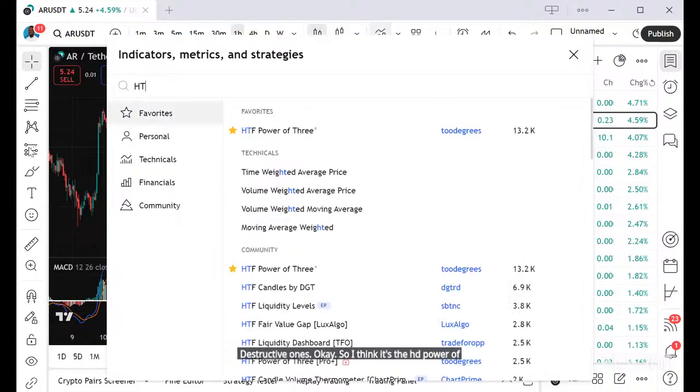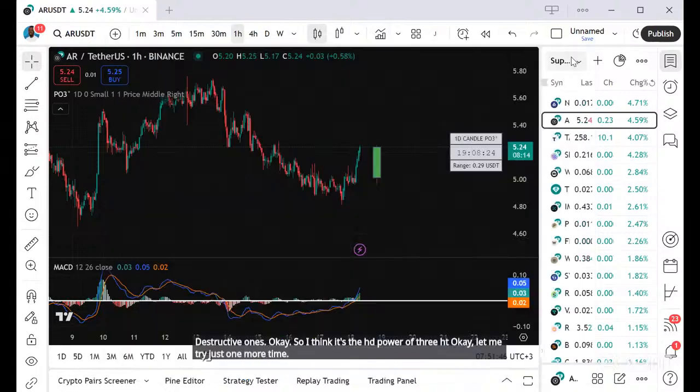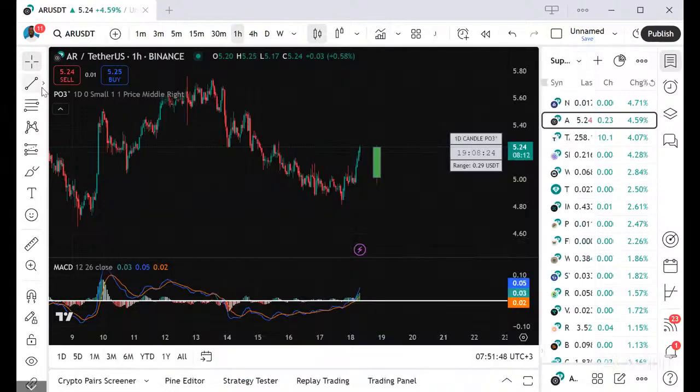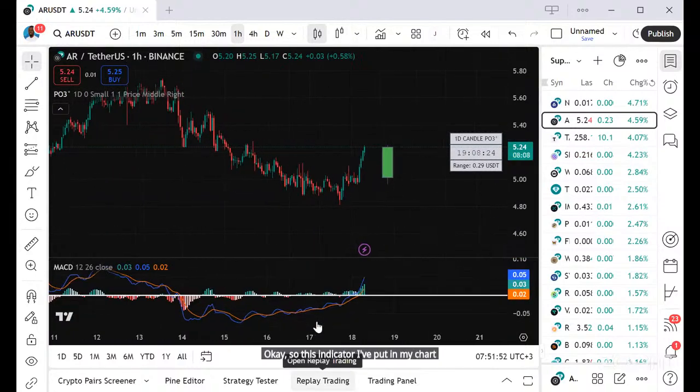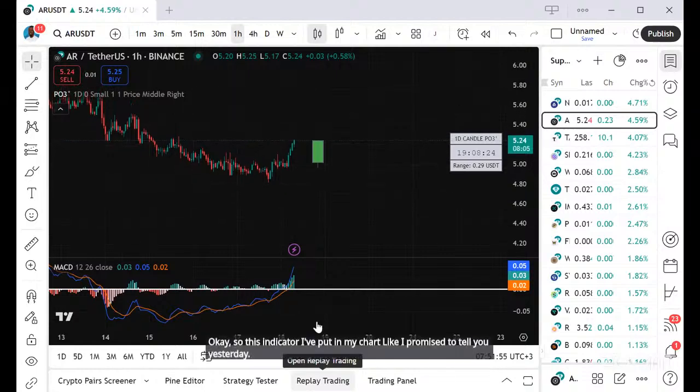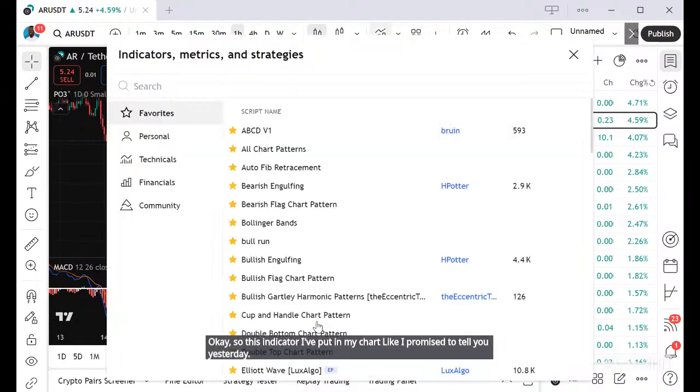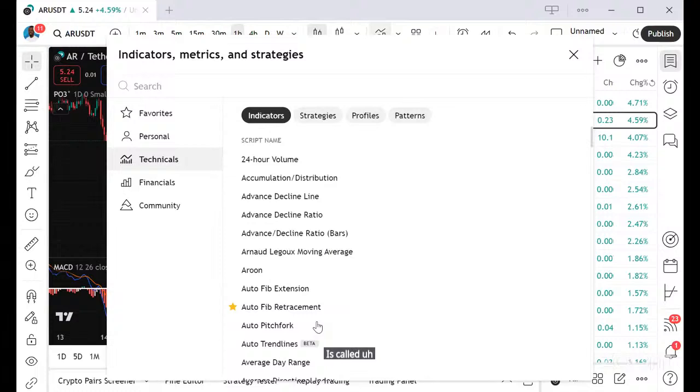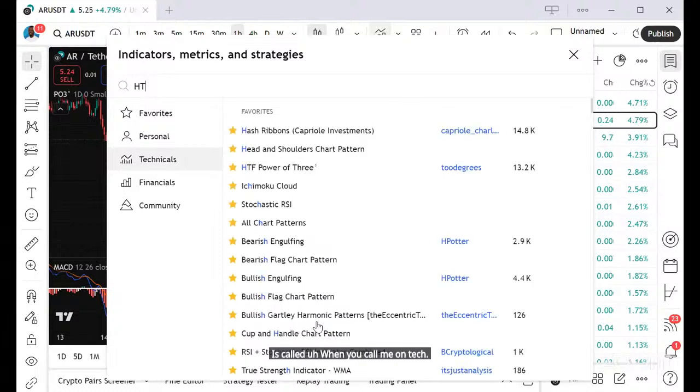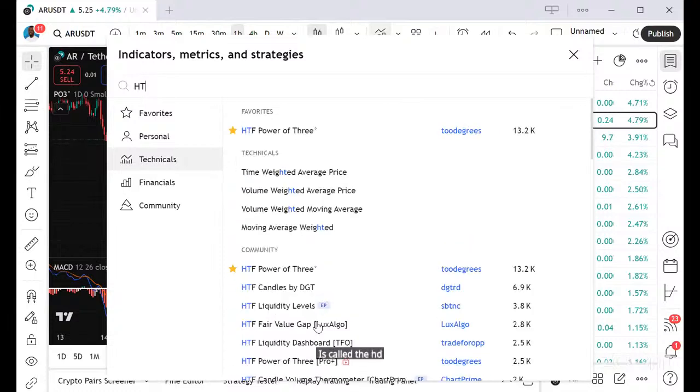Let me try just one more time. Okay, so this indicator I've put in my chart, like I promised to tell you yesterday, when you come here on technical, is called the HT power of 3.